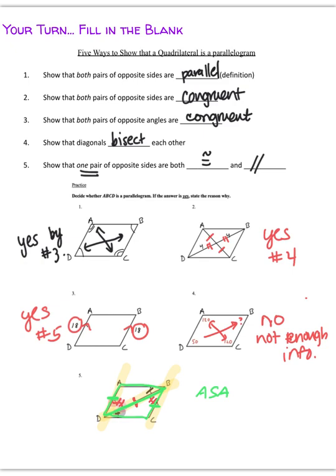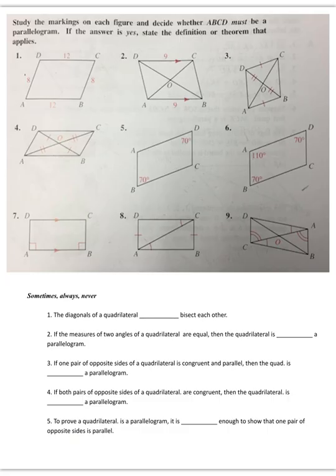So now I have enough information to say that yes, the quadrilateral is a parallelogram, and it's because of number 5. And there might be more than that, actually. You probably could also say by the one where opposite angles are congruent, number 3, because again, CPCTC. So there's lots of different reasons for that one. Okay, so we're doing the exact same thing.